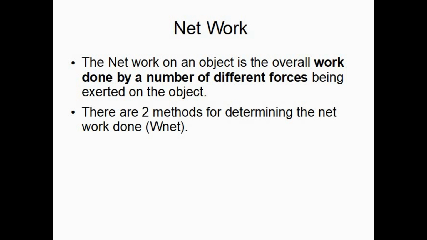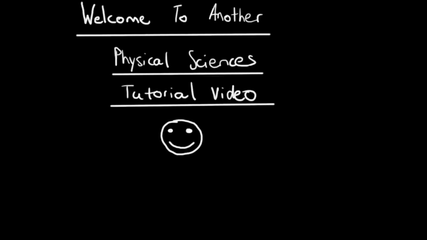Now we do know the formula for work. We have looked at it in previous videos, I'm sure. The formula for work is W equals F, the force, times delta x, times cos theta.